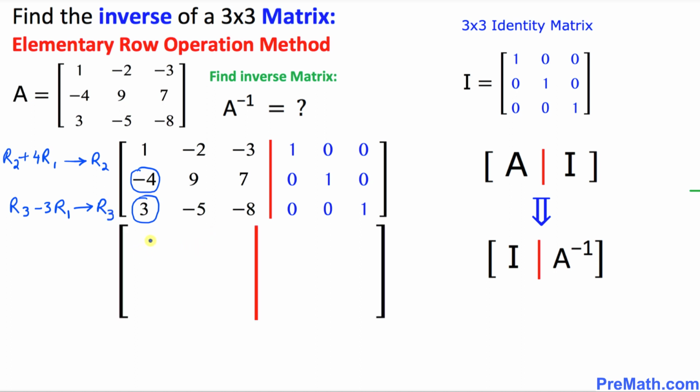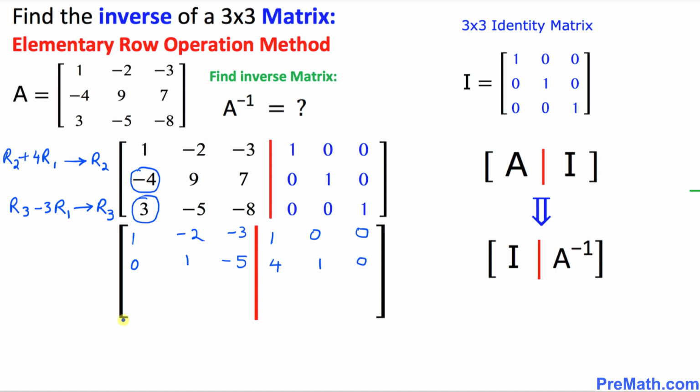So this is what we're going to get. Since we did not perform any operation on row 1, it's going to stay the same: 1, -2, -3, and on the right-hand side 1, 0, 0. Now the second row is going to become 0, 1, -5, and on this side the second row is going to become 4, 1, 0.